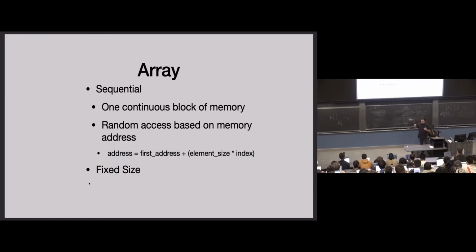Those languages have mechanics built in underneath the hood that will actually create new arrays when you want to add to an array. If you want to add to a JavaScript array and change its size, or an ArrayList in Java, or a vector in C++, what's actually happening under the hood is that when you create the array, the fixed size array that's being created, the language creates one that's bigger than what you asked for.